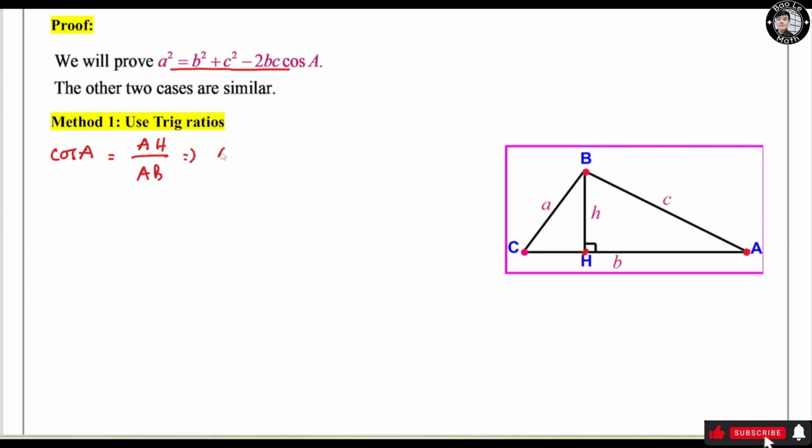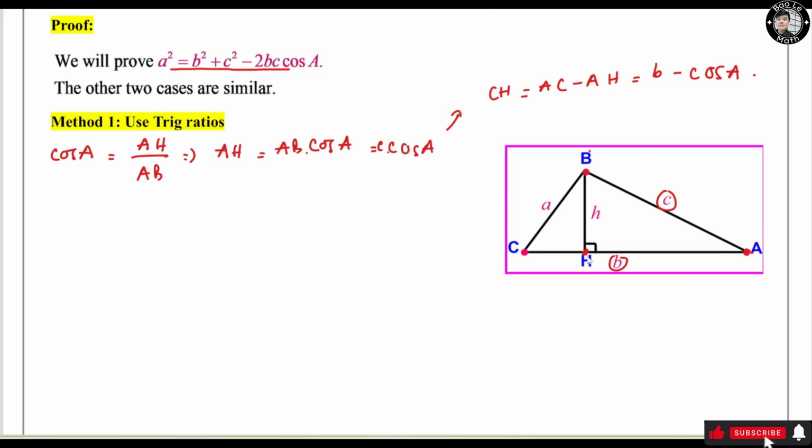Then I have AH equals AB times cosine of angle A. But AB is actually c, so it is c cosine angle A. Now I know that CA equals b, so I'm going to find CH equals AC minus AH, so it is b minus c cosine A.